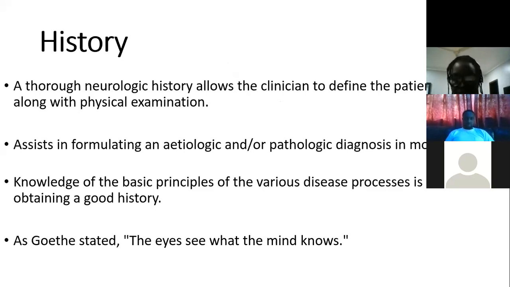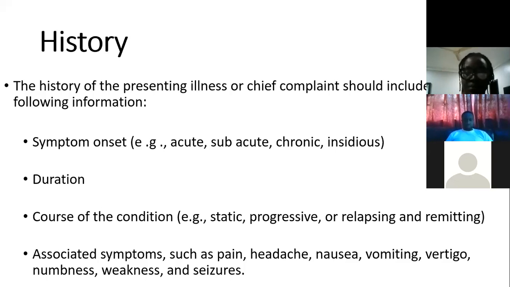But it's very important for you to have a basic knowledge of the disease processes of the central nervous system, because you only see what you know. So if you don't know that walking in a particular way is a sign of cerebellar disease, you will see it, but it will not make sense to you, even though you've examined the patient. So a good knowledge is also very important.